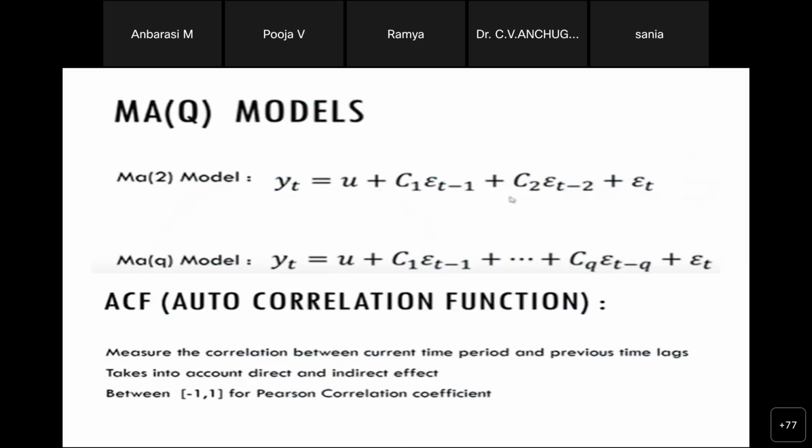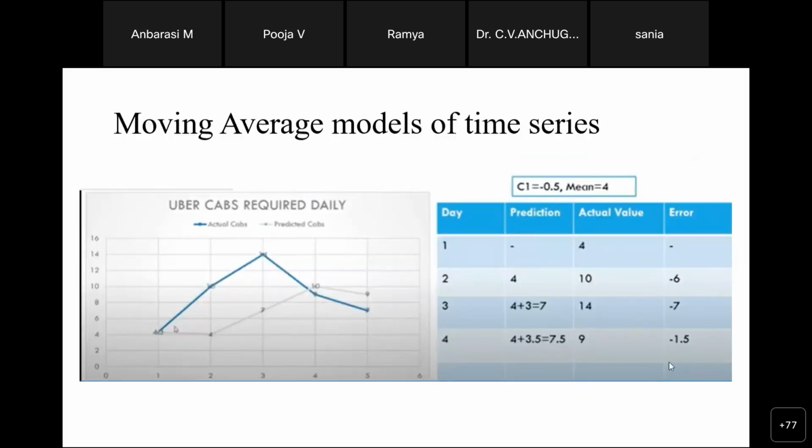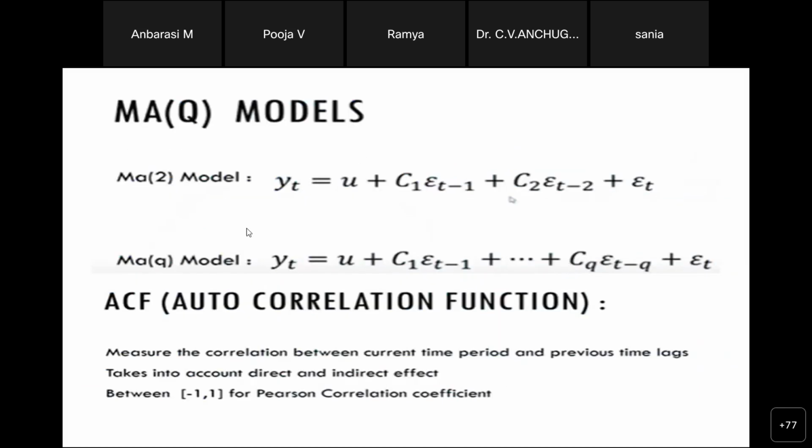So in the moving average, this is how the error value will be considered. Based on the error value, the future value is going to be predicted. This is what we call a moving average. We take the error into consideration, and based on that we predict the trend.